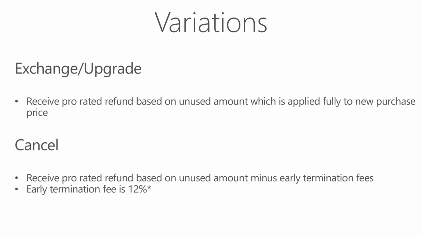The opposite, if you cancel, then basically you'll receive the prorated refund based on the amount that, again, hasn't been used. So in this case, if it was cancelled 6 months into a 1-year agreement, you'd receive the 6 months credit back for that cancellation, but there would also be an early termination fee. My understanding of the reading is that cancellation fee is around 12%.